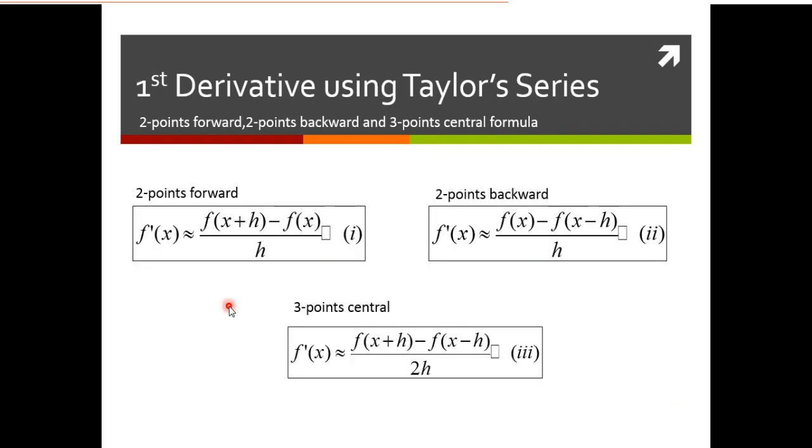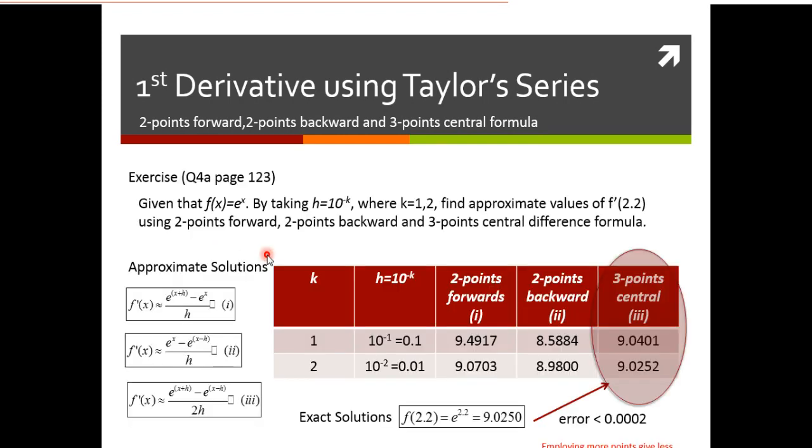But in these formulas, they are given in terms of the function f of x and the step size h. So what you need to do is replace the function into the equation formula.